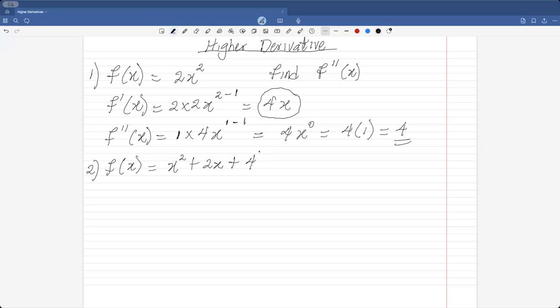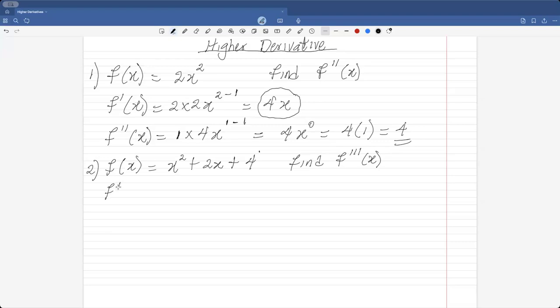And we are told to find f prime prime prime x. So in this case, we are to find the derivative 3 times. So let's find the first derivative.